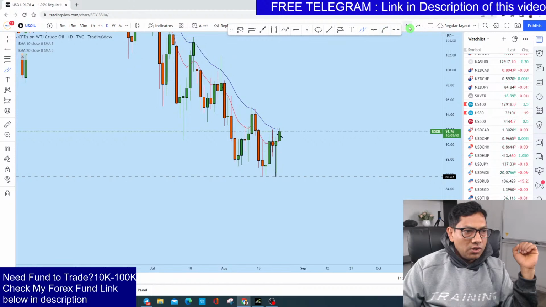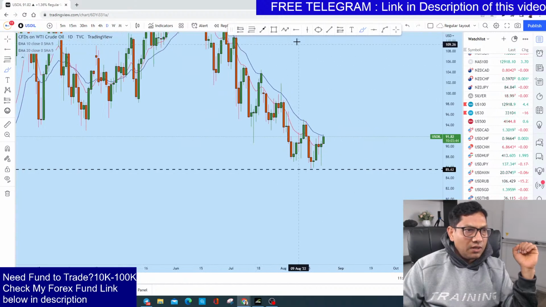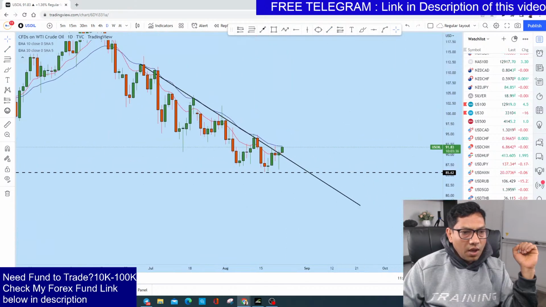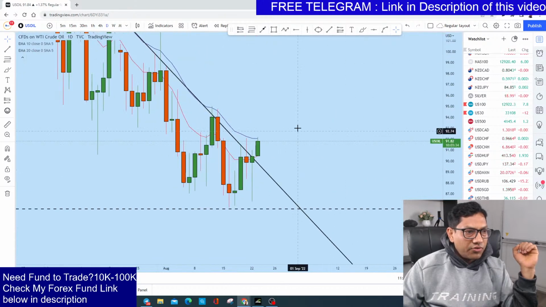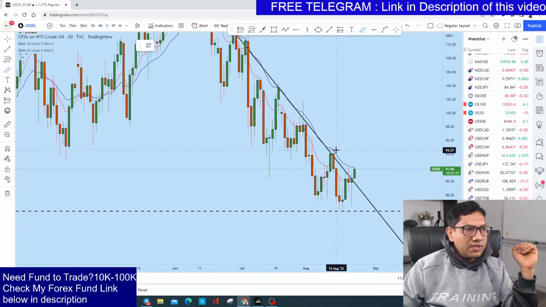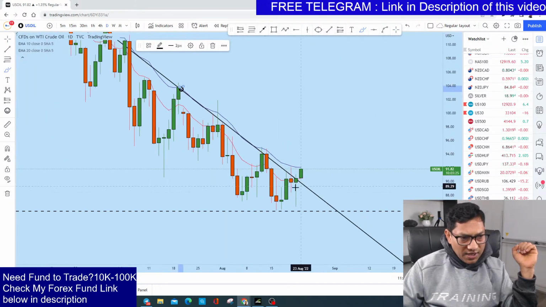All right, so oil is a little bit bearish, but there is a trend line here on the daily time frame. And with the trend line, we see that oil basically has resistance. Looks like it has broken up.